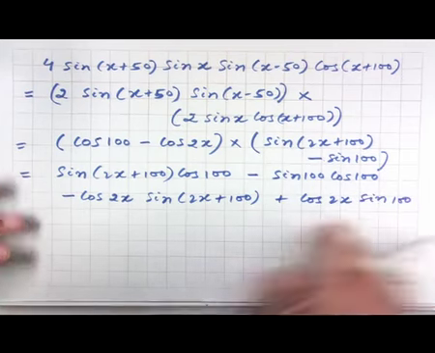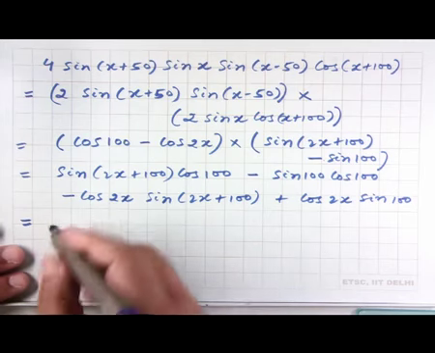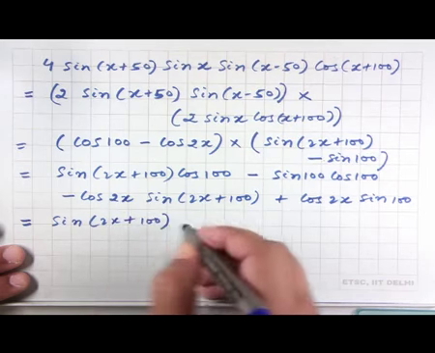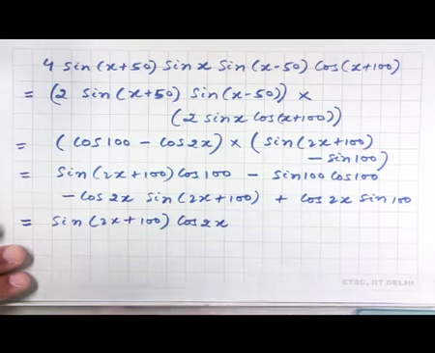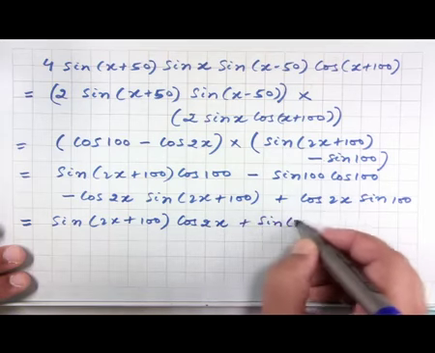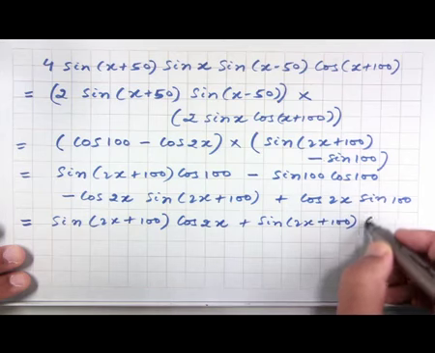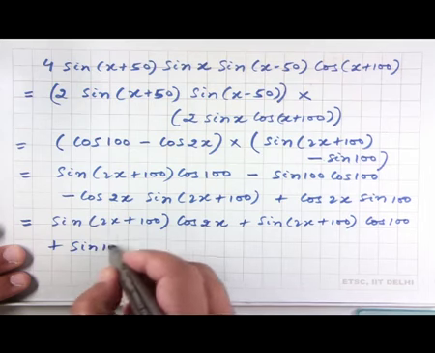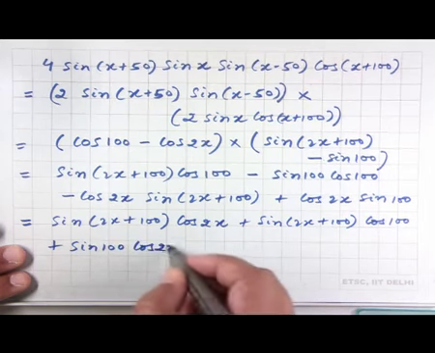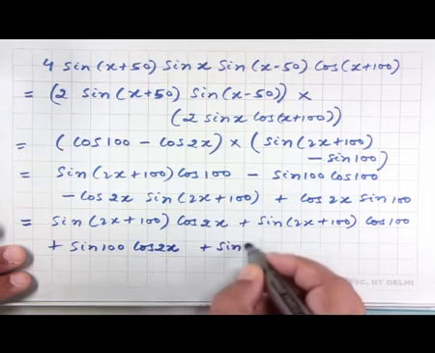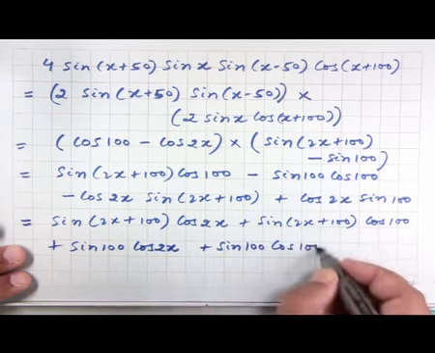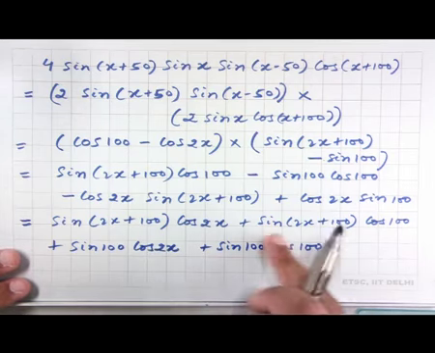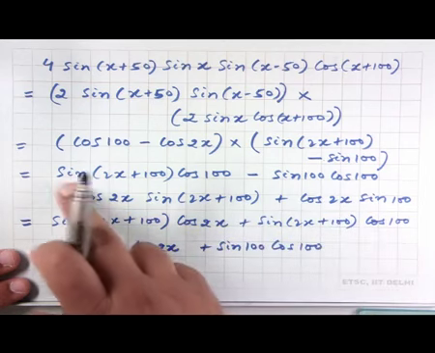So, this is the right hand side and this is equal to the left hand side, which is sin of 2x plus 100 times cos of 2x plus sin of 2x plus 100 times cos of 100 plus sin of 100 times cos 2x plus sin 100 cos 100. And we can see that a few terms are going to get cancelled here, because this term sin 2x plus 100 times cos 100 is both here and here.